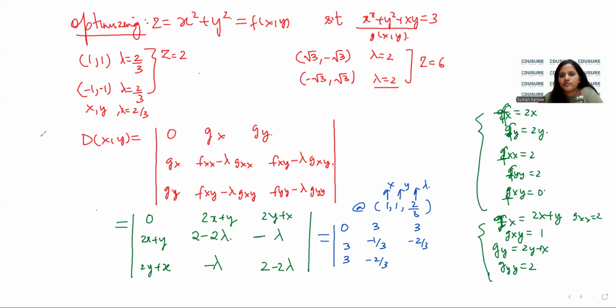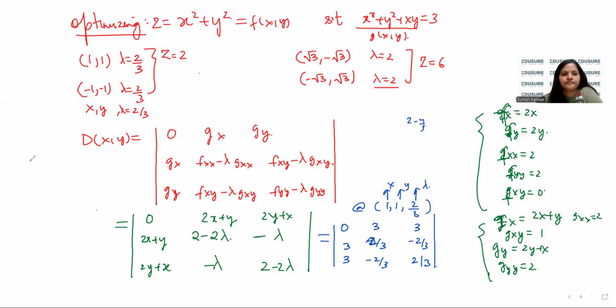Lambda was 2 by 3, so 2 minus 4 by 3 is going to be 2 by 3. I hope the calculations are correct. Again, 2 minus 2 lambda means 2 minus 4 by 3. Okay, fine. Now let's calculate the determinant.